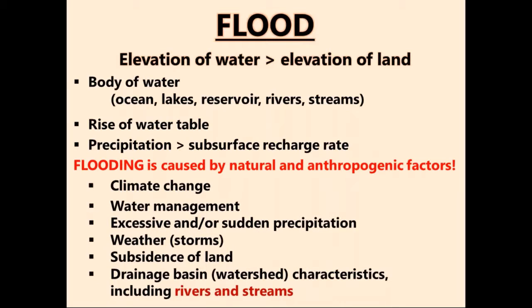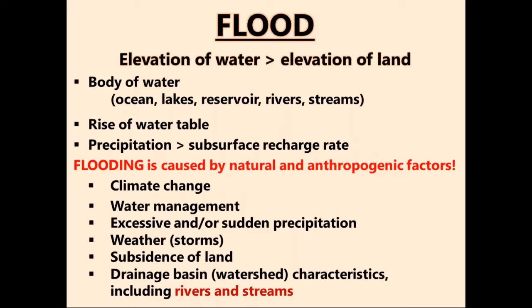It's important to understand also that flooding can be caused by both natural and anthropogenic factors. In other words, they could be natural things, or they could be man-made, or a combination of both, or sometimes it's actually hard to tell what's the driving mechanism behind it.